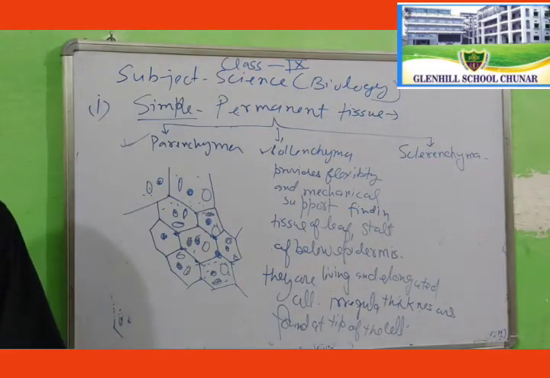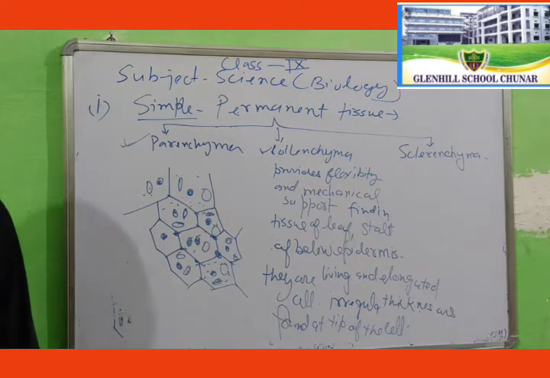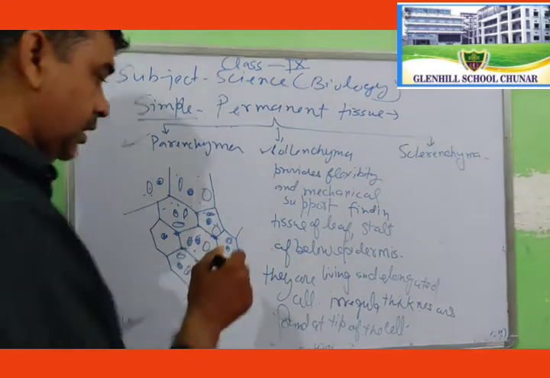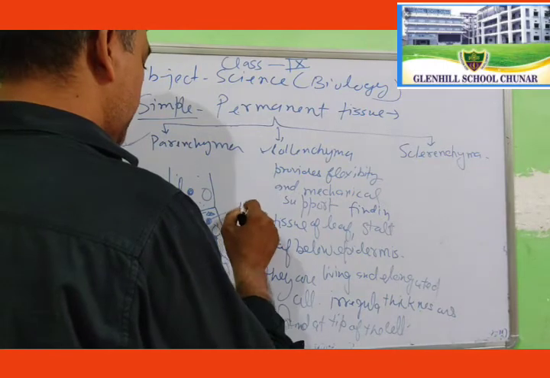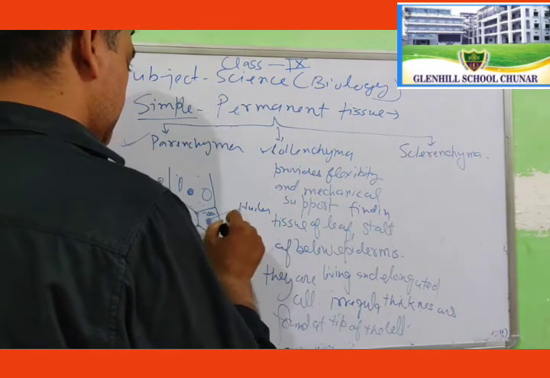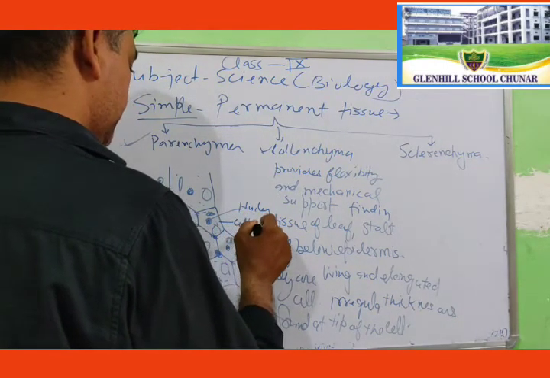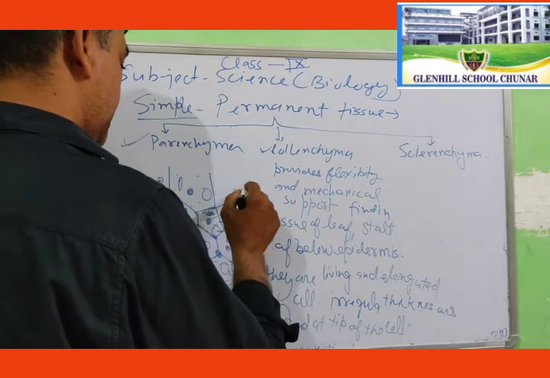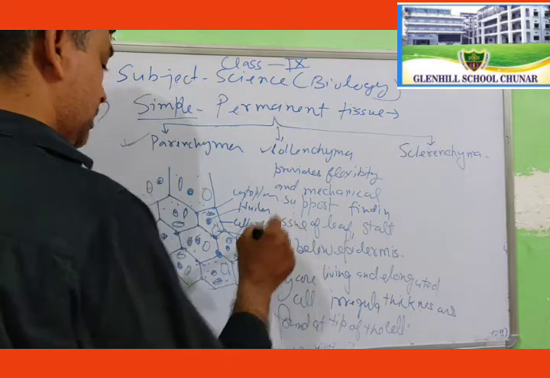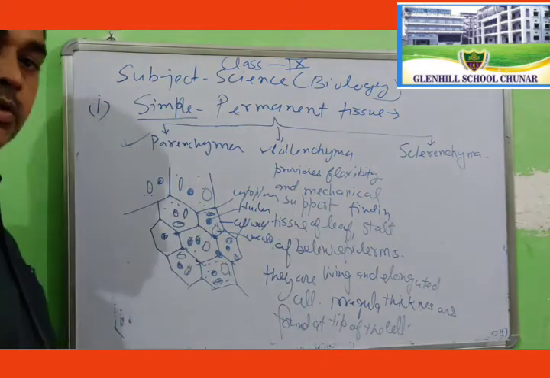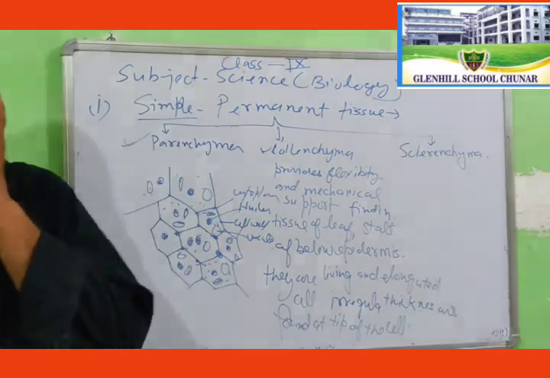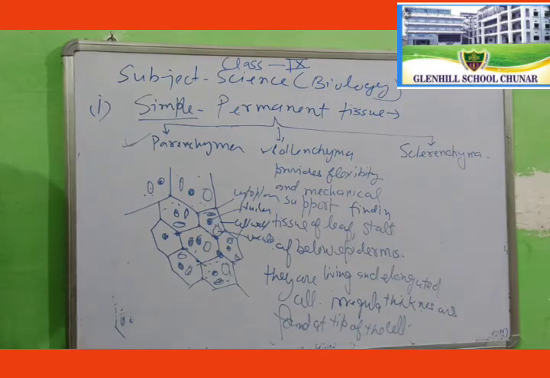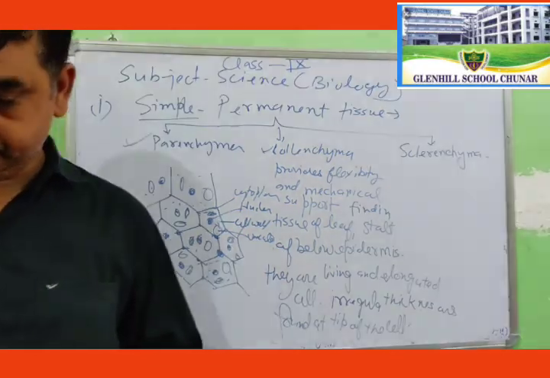Okay. Nucleus, cell wall, vacuole, cytoplasm. Okay, student. Same as in the parenchyma.